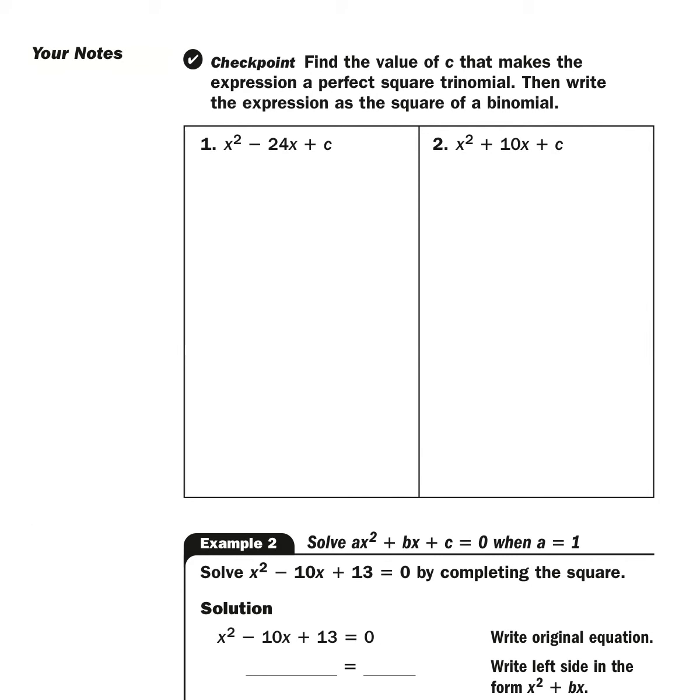All right, let's do a couple more. First off, we're going to go b over 2 squared. In this one, our b over 2 is negative 24 over 2, which becomes negative 12. All right, there's that rascal. He's going to show up again later. And then negative 12 squared equals 144.